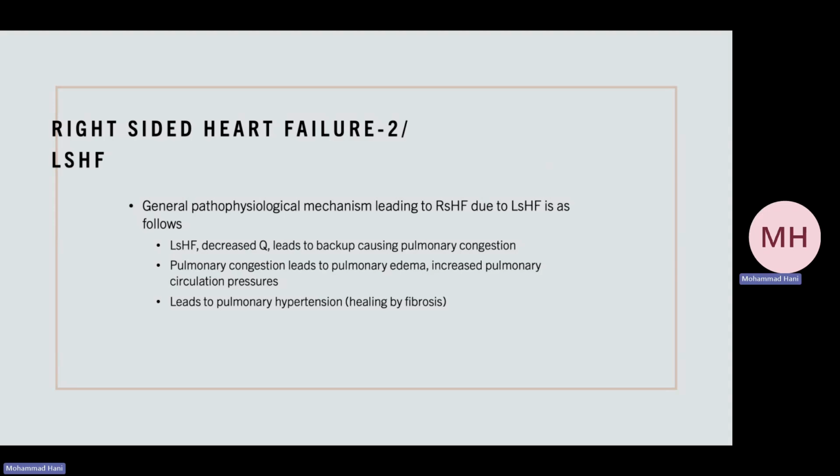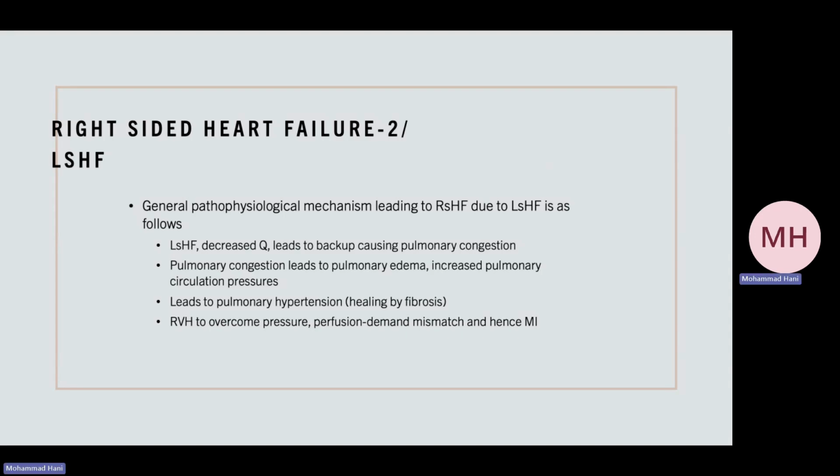Pulmonary hypertension increases the pressure against which the right ventricle has to pump to maintain an adequate blood supply into the lungs. So you get right ventricular hypertrophy as a compensatory mechanism to overcome this pressure.